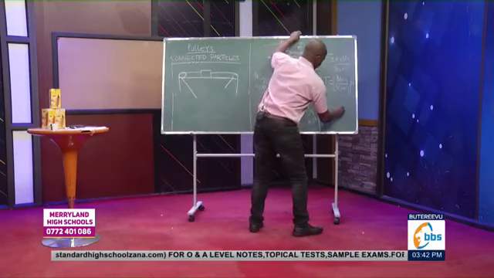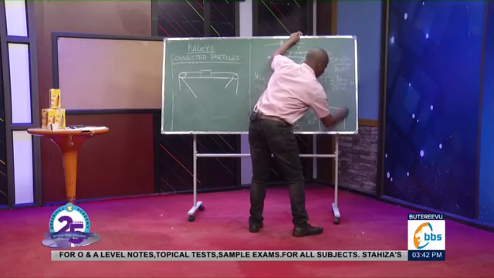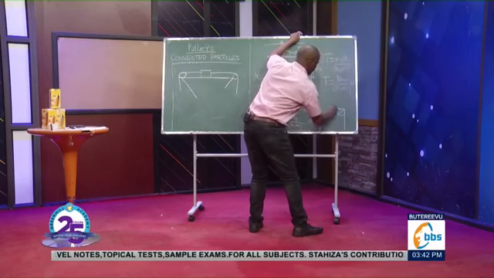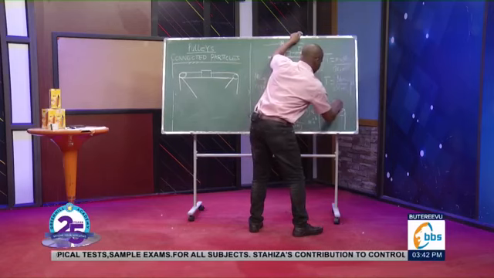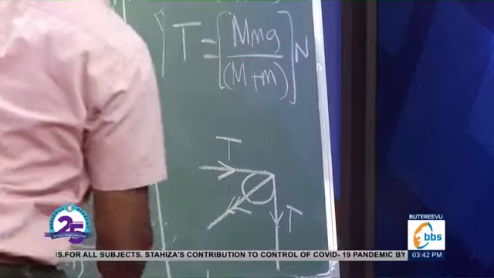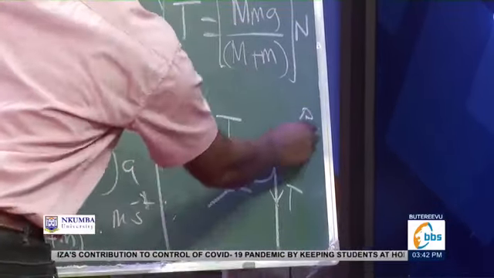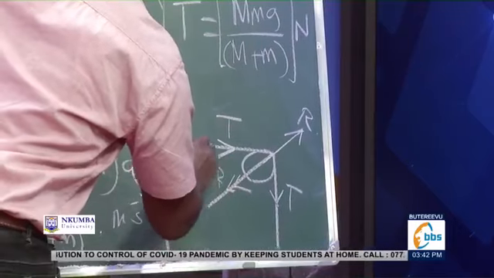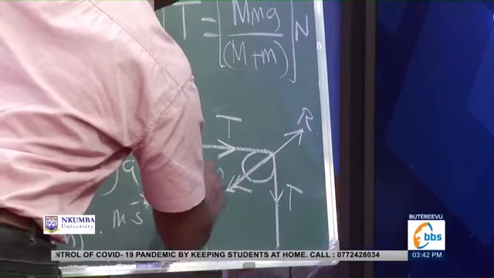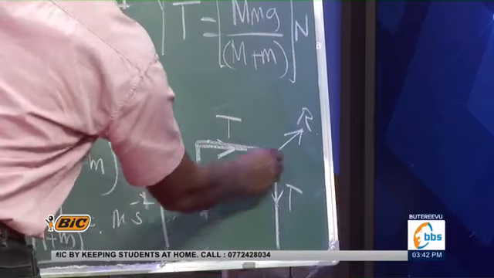At this point where we have the pulley, we have a 90-degree arrangement. If we have this as tension and this as tension, then the reaction on the hinge, if we call it R, we can get by taking the Pythagoras theorem.